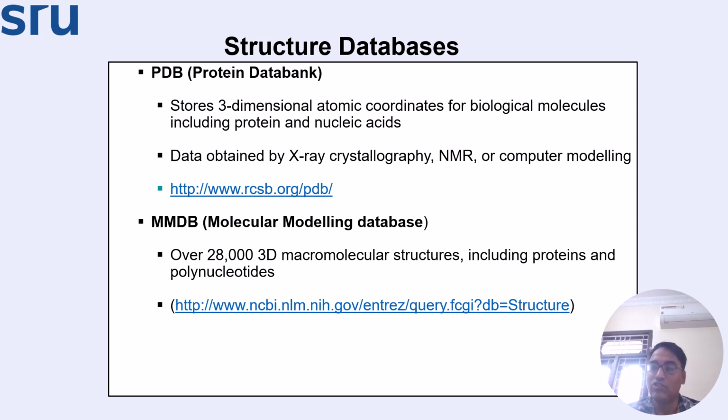Now, can somebody tell me which one is more accurate? Here, X-ray crystallography is the most accurate. It can reach up to 0.9 Angstrom resolution. Resolution means, if two dots are present together, how clearly you can distinguish them as two different dots, not just one dot. If two dots are present at a distance of 10 centimeters, you can easily see that these are two dots.